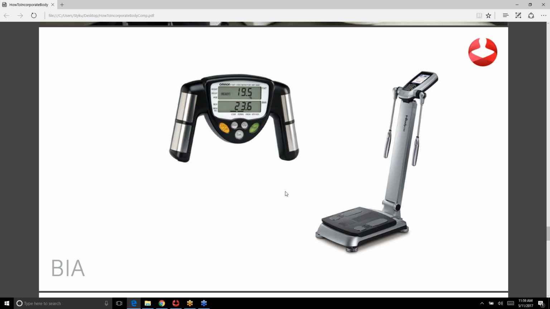And that's important because if you're just using a handheld BIA device, you may get a very misleading metric about body fat. For example, if a woman's carrying more body fat in her hips, you may underestimate her body fat significantly using the handhelds. So the idea of having electrodes in the scale itself theoretically helps alleviate that.